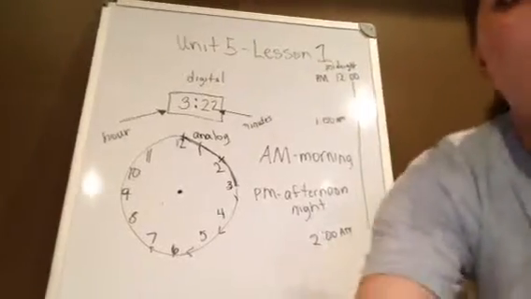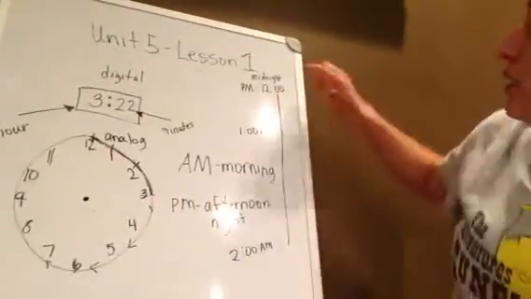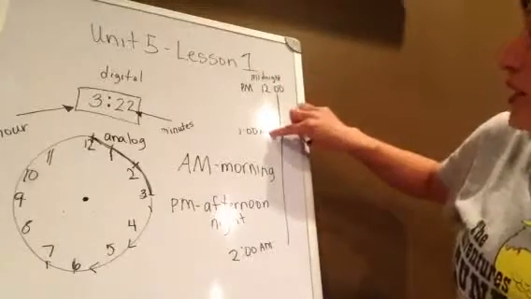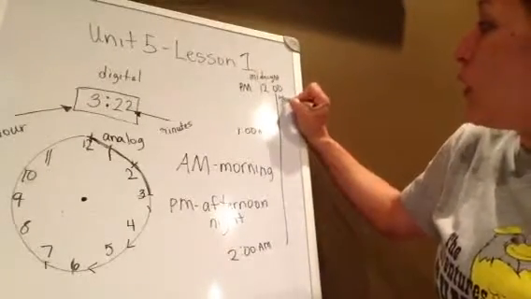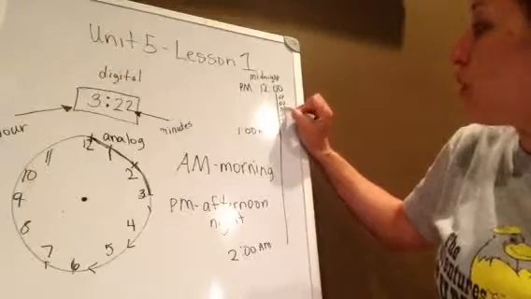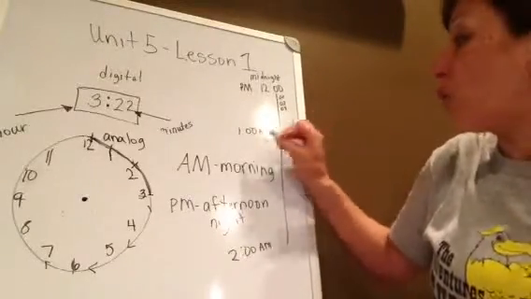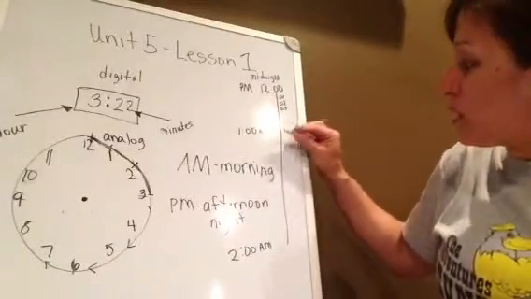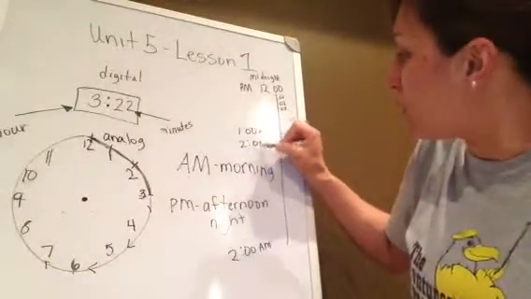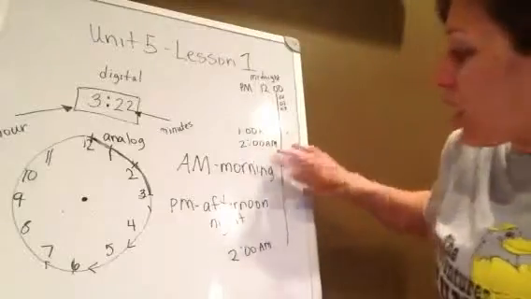Any time that is after midnight turns into morning time. So we'd have 12:01, 12:02, 12:03, all the minutes until we got to 1, the new hour, 1 o'clock a.m. We could keep going. We'd have 2 o'clock a.m., 3 o'clock.